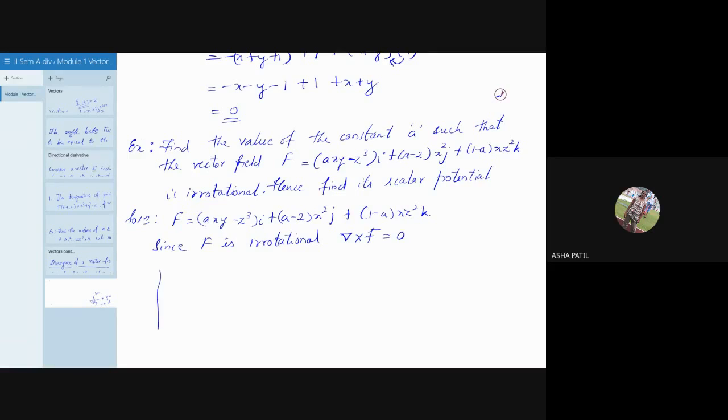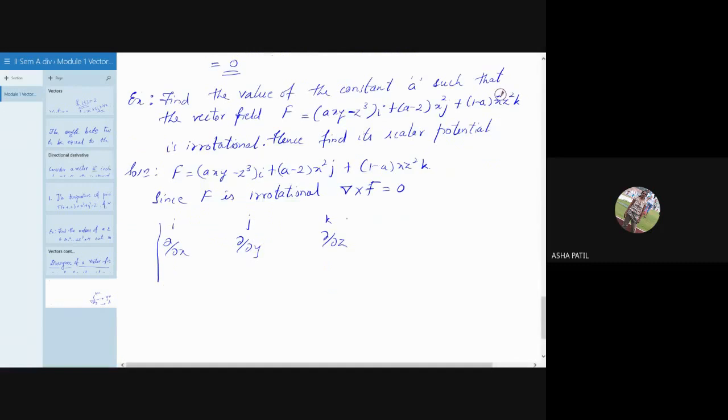So we'll take again the determinant i, j, k, dou by dou x, dou by dou y, dou by dou z.